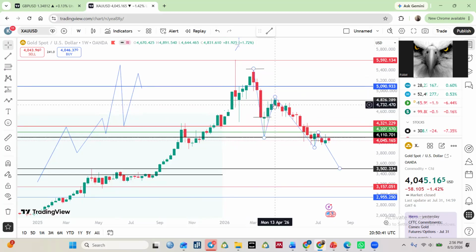So this is the low and this is the high of this move. So we are not using single candles, we are just using the whole move. You get the point? Yes.